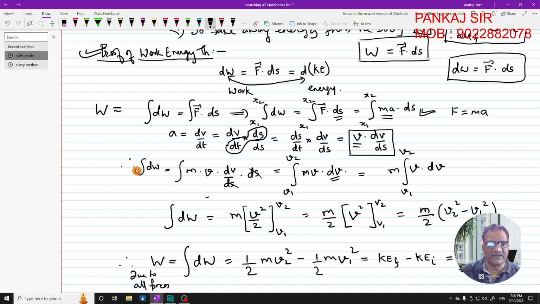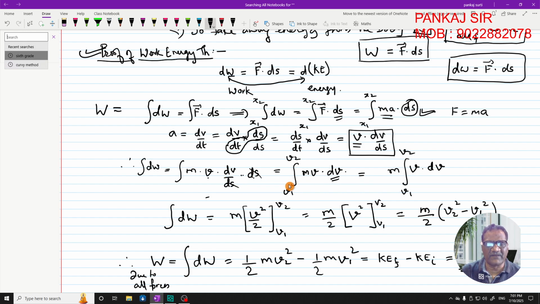So from this stage, in place of a I am going to put this. So my integration of dW will be equal to integration of mass I am keeping as it is, and a I am replacing by v into dv by ds. So can you see m into v into dv by ds, and this ds that was already there, this ds and ds will get cut.